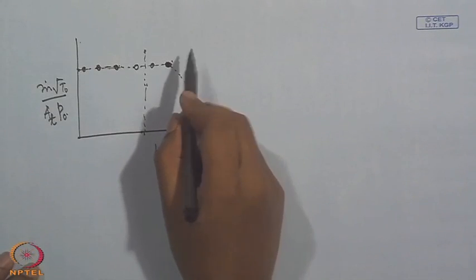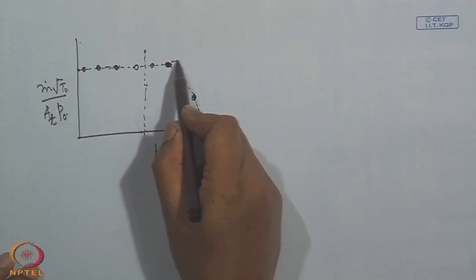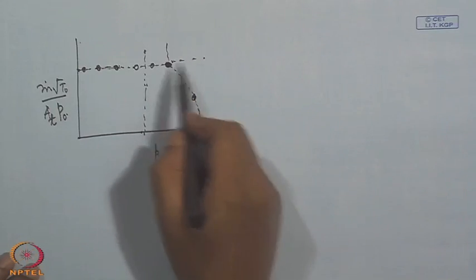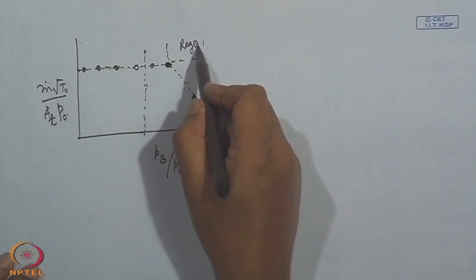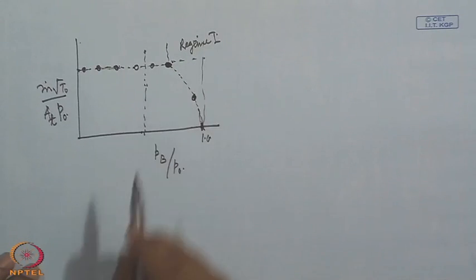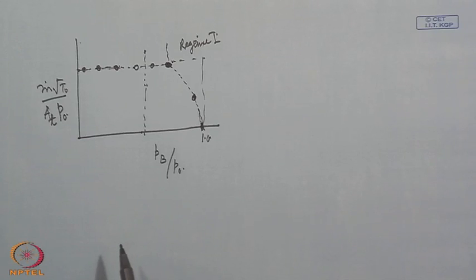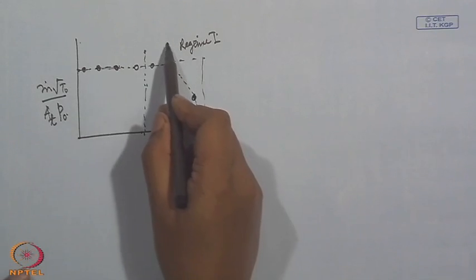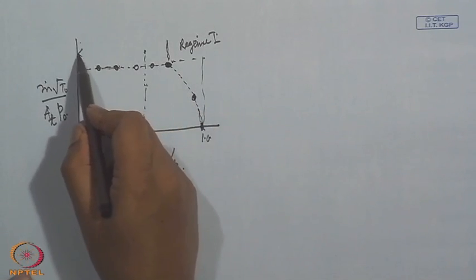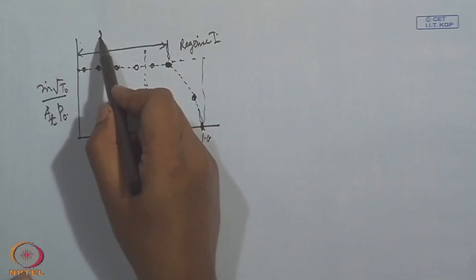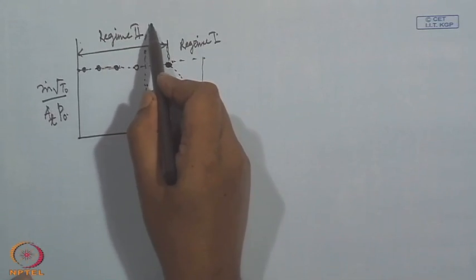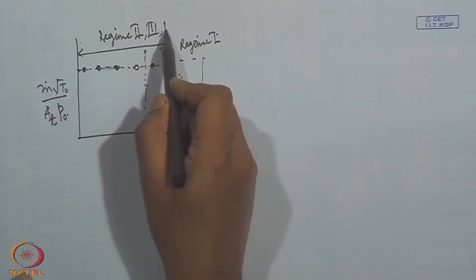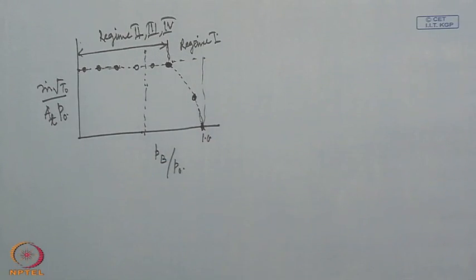So, we can say this is regime 1, and in all these, regime 2, 3, 4 and fully expanded nozzle, the mass flow rate remains constant.